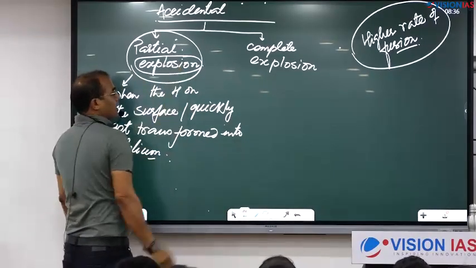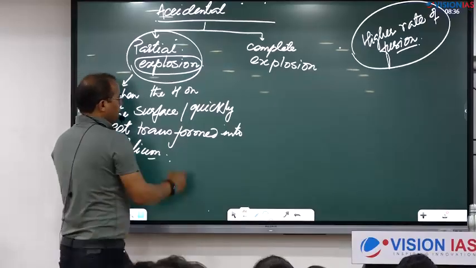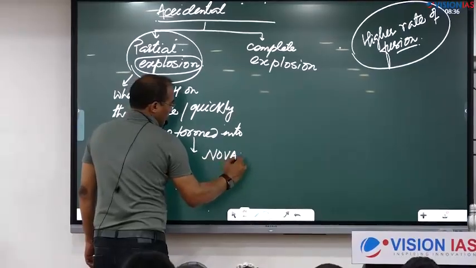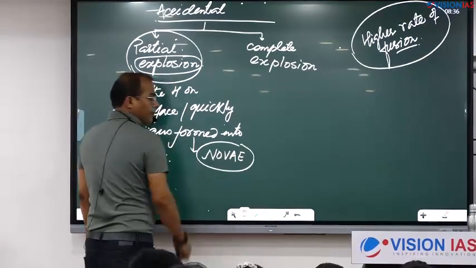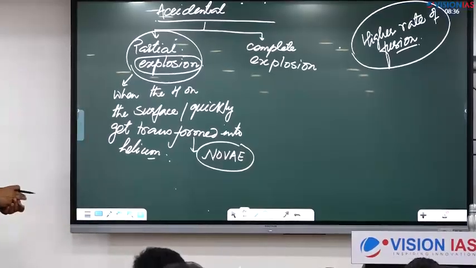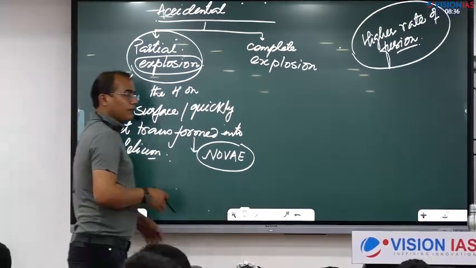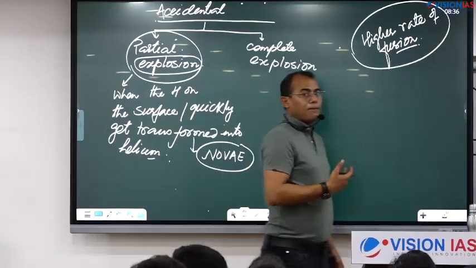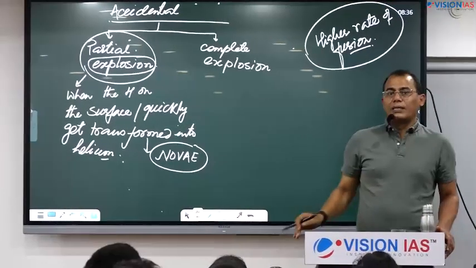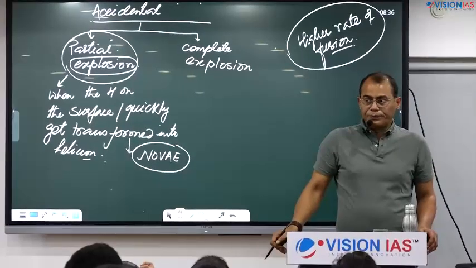This is partial explosion. They are called nova. So when the star experiences partial explosion sufficient enough to deplete the hydrogen on the surface in one go, that is called nova.